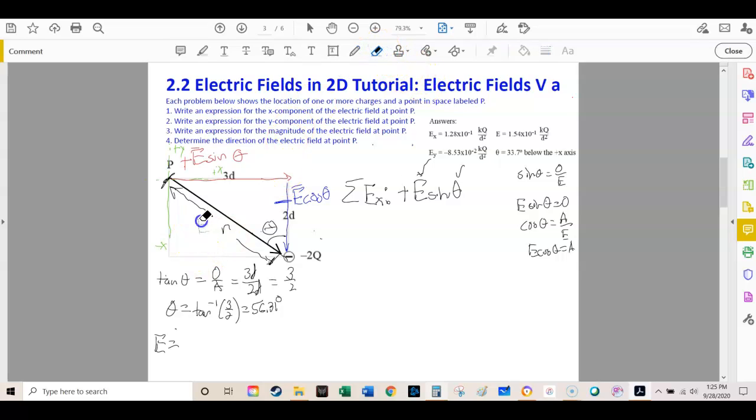So this side of the electric field is the net electric field, which is the hypotenuse, but it's also distance r, right?